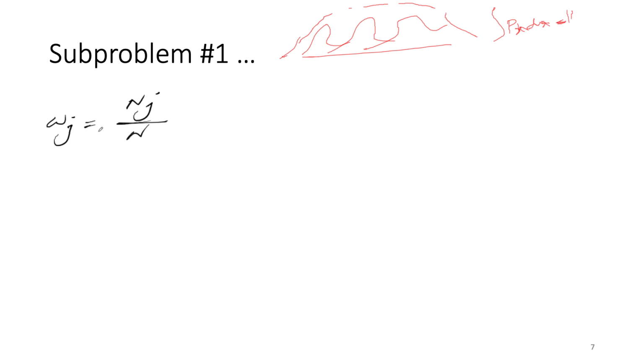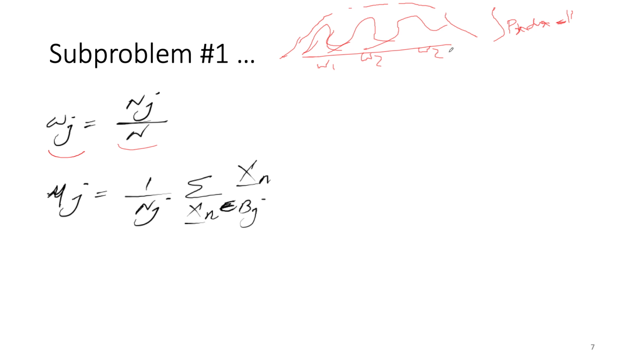So when you have n of those, you normalize them by n, and you find each of those w's: w1, w2, w3. And for mu j, you would do the same for all the n's, and you find a mean by the summation of all of those divided by the number. So that was the mean of each of those j's.